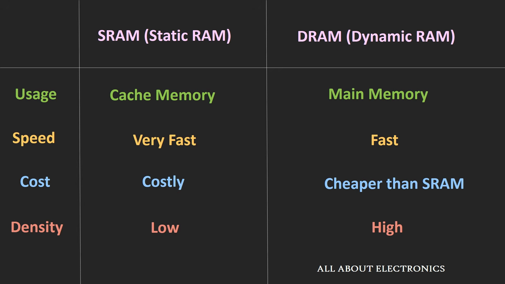So as we have seen so far, this SRAM consists of 6 transistors, while the DRAM consists of only 1 transistor, and that is the reason this SRAM is quite costly compared to the DRAM, as well as the density of this SRAM is low compared to the DRAM. And as this DRAM involves the capacitor charging and discharging as well as the refresh cycles, the speed of this DRAM is less compared to the SRAM. So this is all about the differences between SRAM and the DRAM.